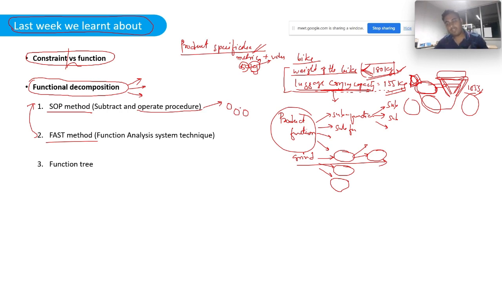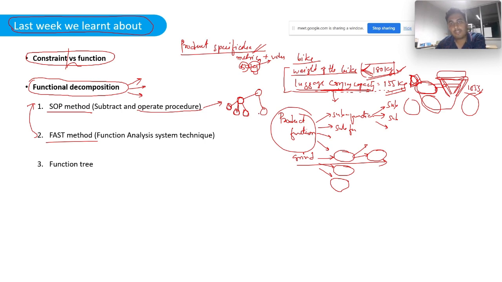And after we do this task iteratively, we come to know what the dependencies are, who is a child and who is a parent. So these parent child relationships can be easily analyzed by using this method. So slowly after many iterations, we come to know about the various functionalities and sub functions.